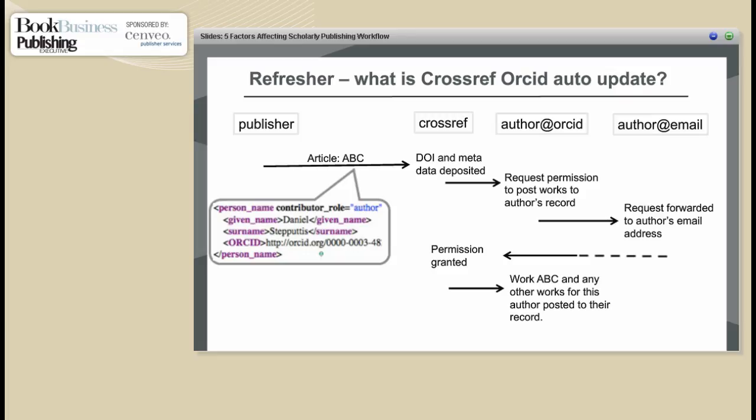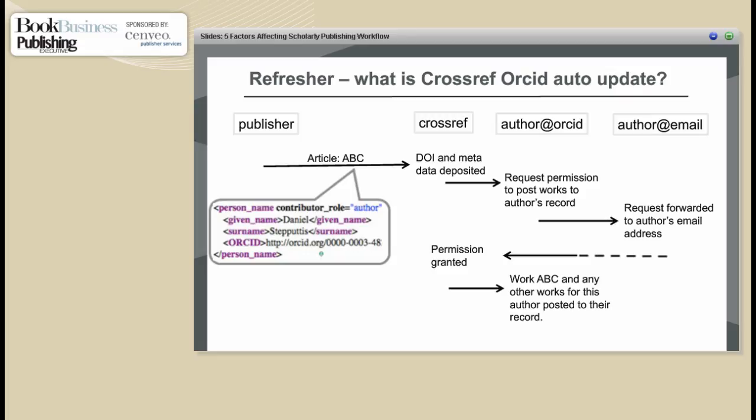And once the author actually gives permission to Crossref, Crossref will then, and forevermore, push works automatically to that user's profile as we receive the metadata from publishers that contain that user's ORCID. So it's an auto update process based on the metadata that originates at the publisher that has to include the ORCID. So it's very important for that step to be part of the workflow for publishers.